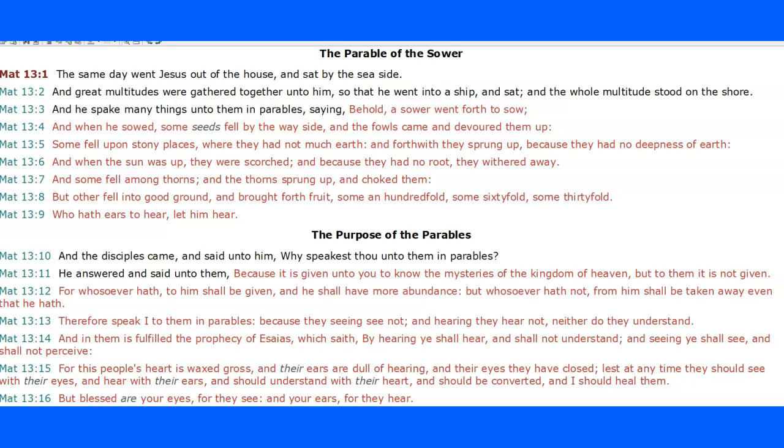But when it says, fell onto good ground and it brought forth fruit, guys, because the children of God listen to the word. That's good ground, the children of God. And it brought forth fruit, some 100-fold, some 60, 30. Why?